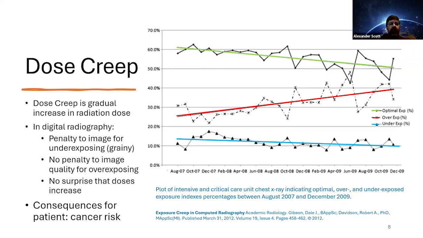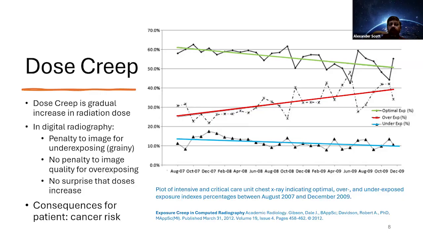But dose creep is the gradual increase in radiation dose because of a decoupling of radiation dose and image quality. So when the field first started moving away from film to digital images, a research group tracked how many images were optimal, how many were overexposed, and how many were underexposed.